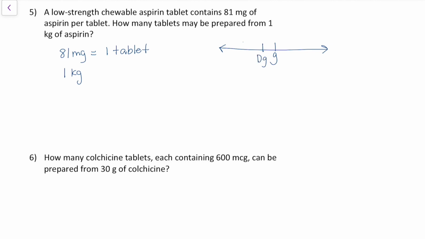We've got decagrams, hectograms, kilograms, decigrams, centigram, milligram. So if I want to go from kilogram to milligram, I'm going to do 1, 2, 3, 4, 5, 6 jumps. So we'll take our 1, and we're going to do 1, 2, 3, 4, 5, 6 jumps.